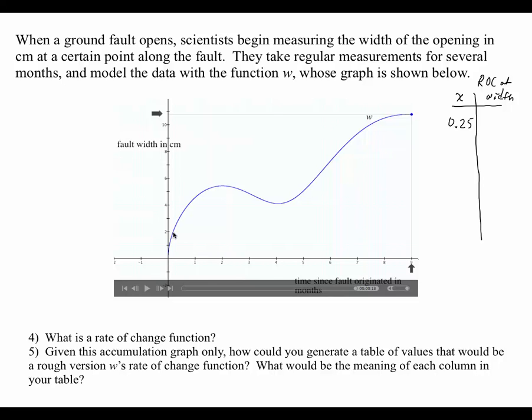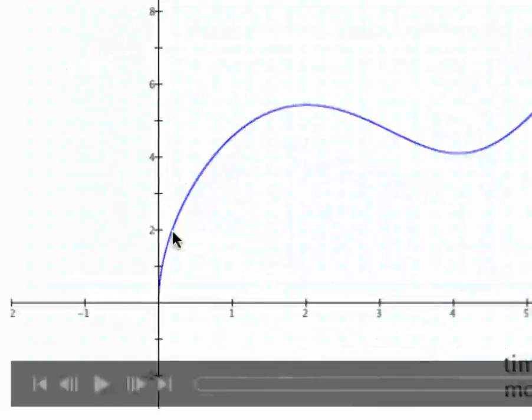So what are we going to do to get that rate of change? It's a little blurry, but you can see the grid lines. This is 0.25 months this way, and vertically it's half a centimeter.